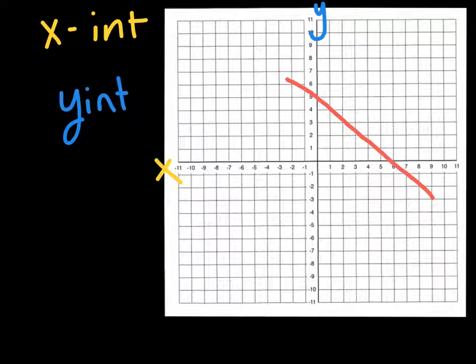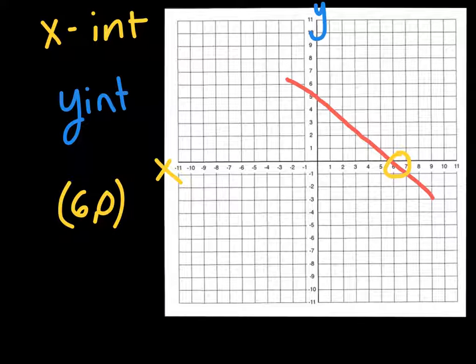It crosses that x-axis at the point 6 on the x-axis. So the x-intercept, there's a lot of x's here, the x-intercept of this line is 6. The point being 6, 0, because you go 6 to the right and you go 0 up or down.